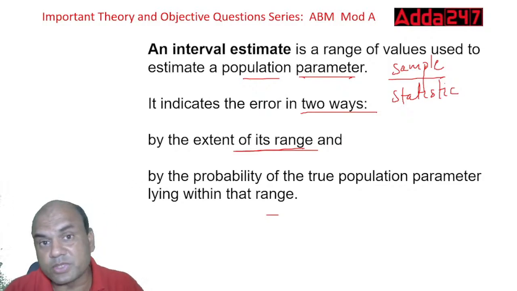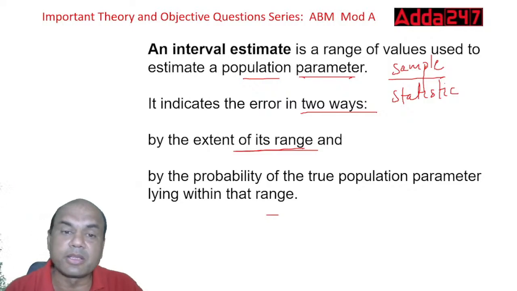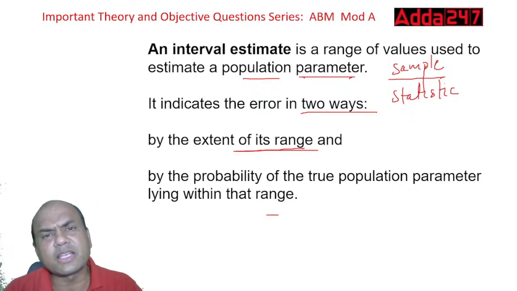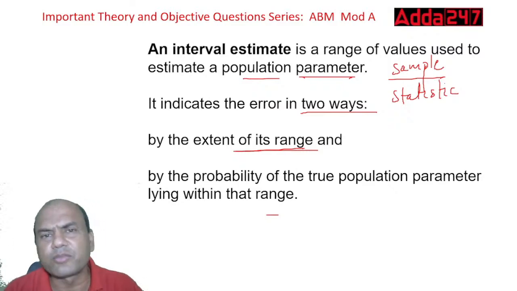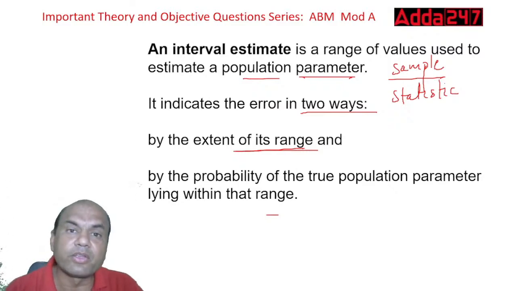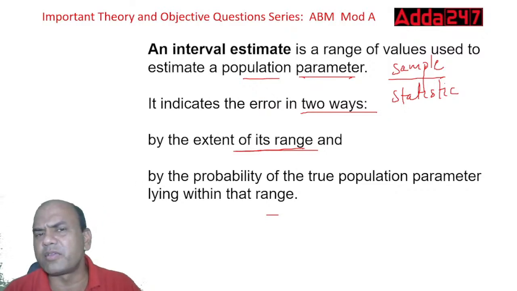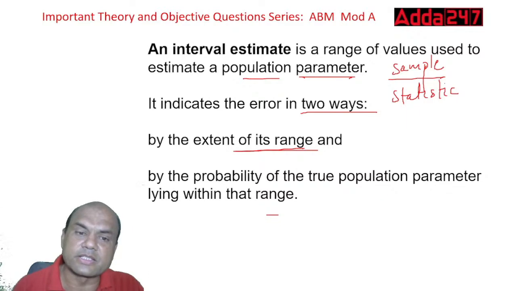Can you give me the exact score? In 20 overs, India will score 197. You can't give me that. You will give me a range: India will score around 170 to 200. So this is known as range.